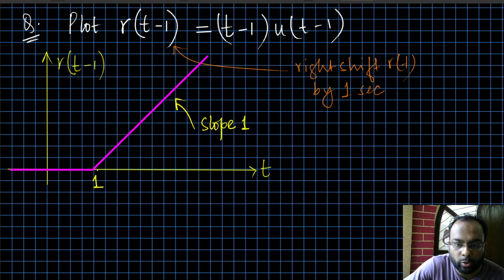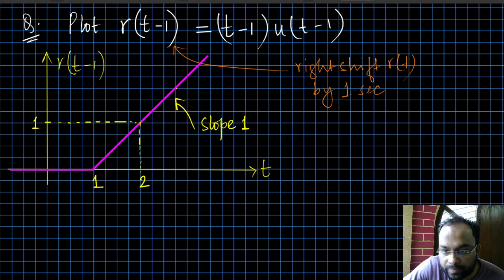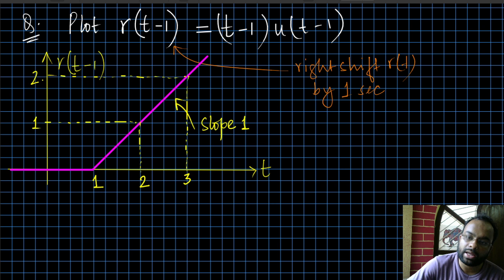Now of course up to t equal to 1, the value of the signal is 0. Now at this point, which is t equal to 2, the signal's value is 1. At t equal to 3, the signal's value is 2, and so on.